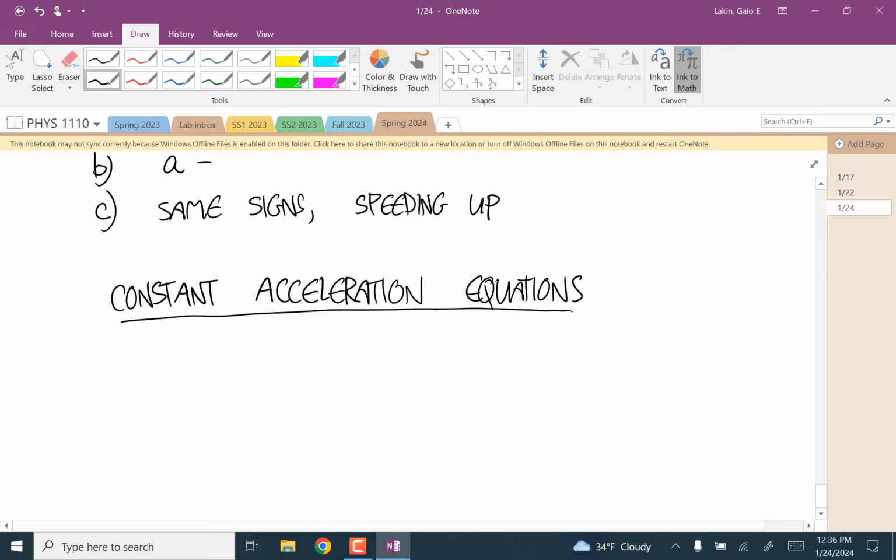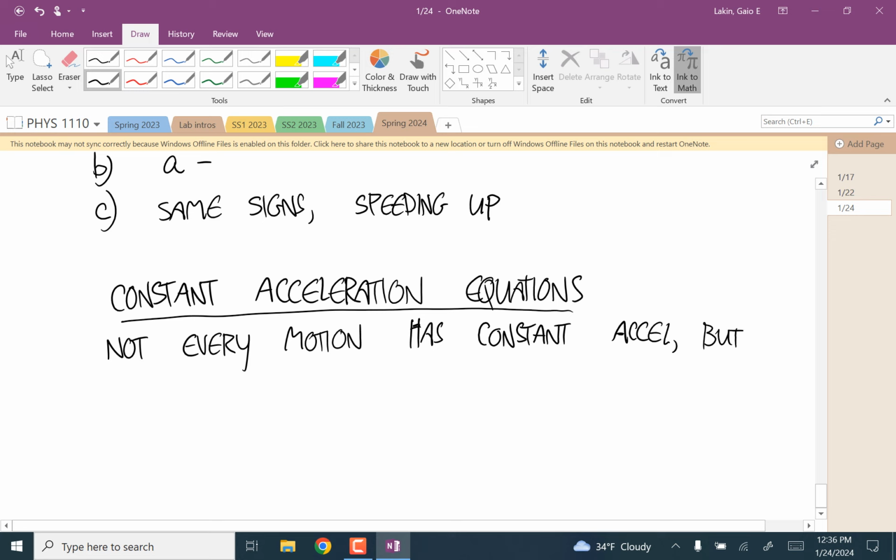And the rationale for using the constant acceleration equations is, it's definitely true that not every motion has a constant acceleration, but it turns out that some important types of motion do. Okay, and that's why this is useful.